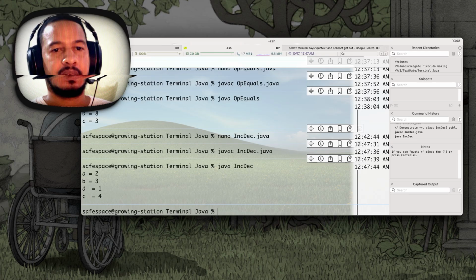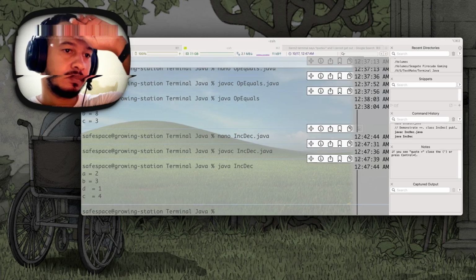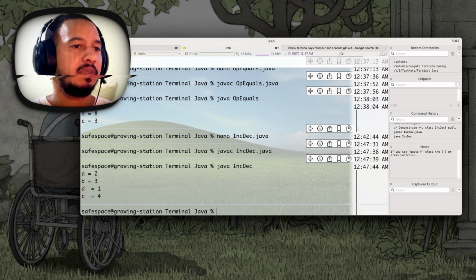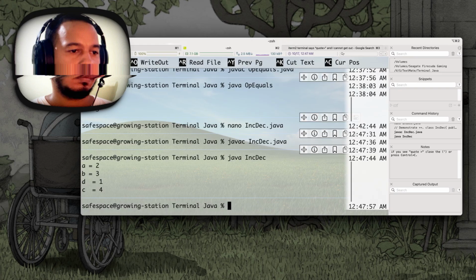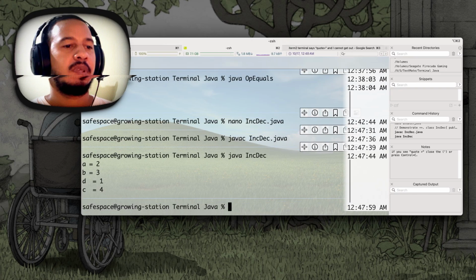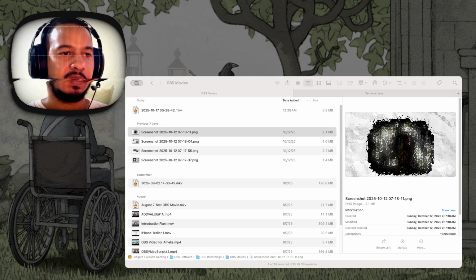All right. So we did it. We got the right outputs. Let's see if we can make this a little larger. All right, this is good.